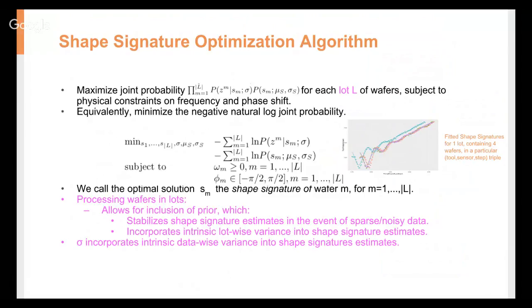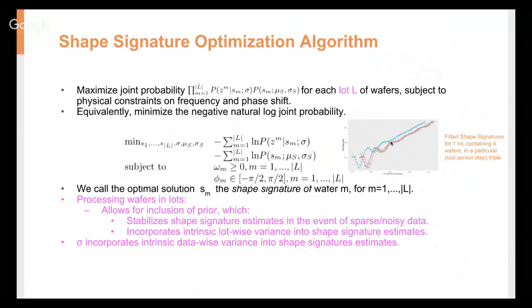And so there's some math here. This is essentially just minimizing the negative log of the likelihood times the prior, which is the same thing as maximizing the likelihood times the prior. And we call the optimal solution to this optimization problem the shape signature of the wafer. On the right, you can see the end product if you do it for a single lot of wafers, right?